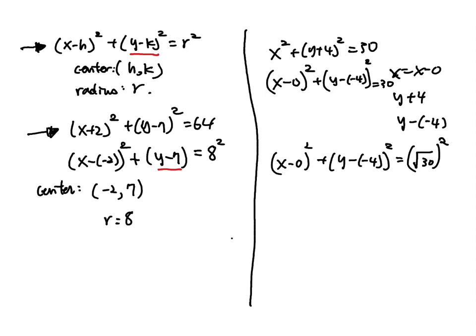Our center, the h and k, is going to be 0, negative 4, because this is my h, this is my k. The radius is the square root of 30.